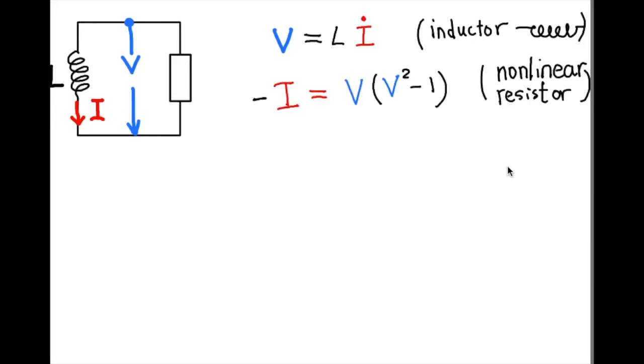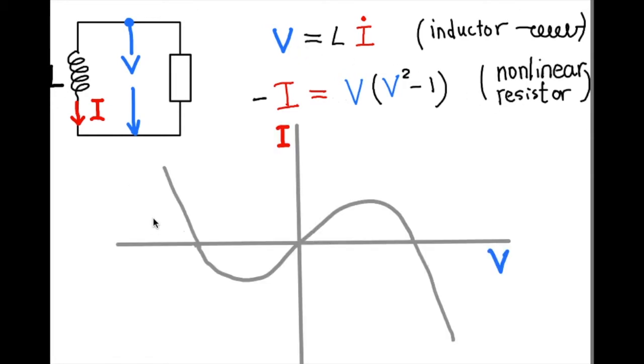Now let's look at the graph of V and I in the phase space more closely. This is the graph of the function negative I equals V times V squared minus 1.